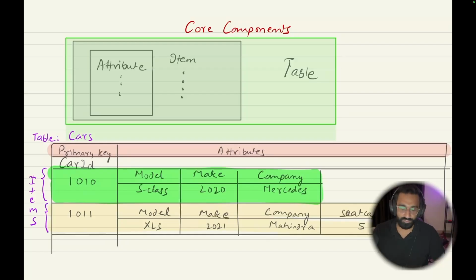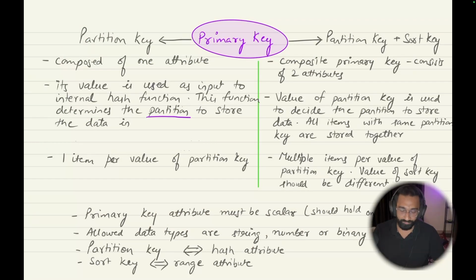Digging deeper into this, let's talk about the primary key. The primary key in DynamoDB is made up of 2 items: one is the partition key, the other is the partition key plus the sort key. If you are using only a partition key, it is usually just one attribute.